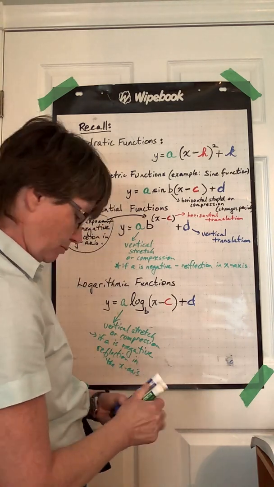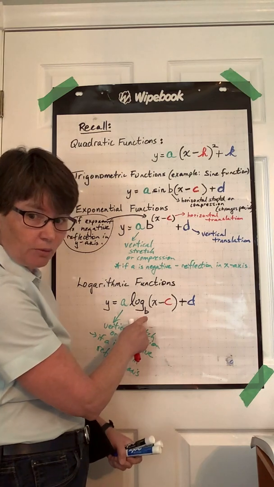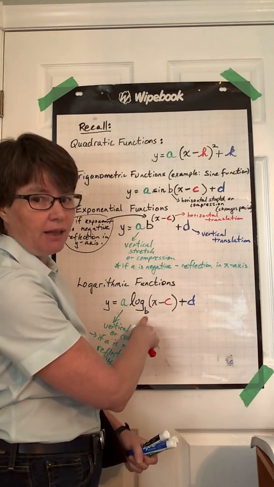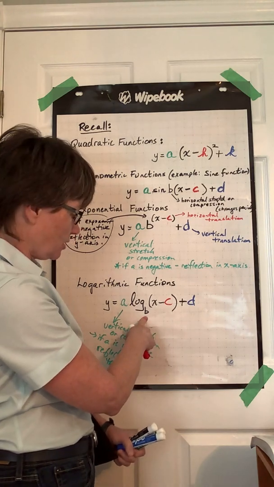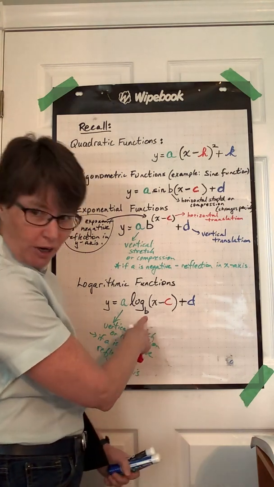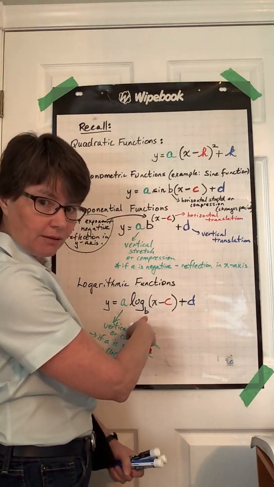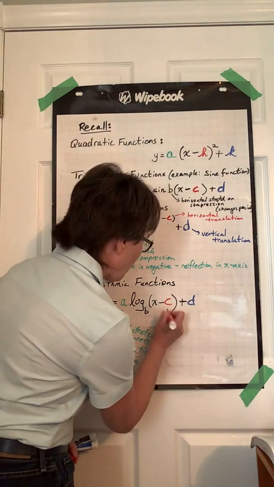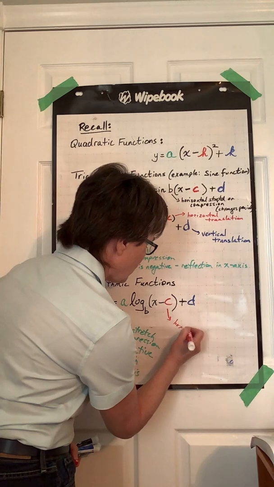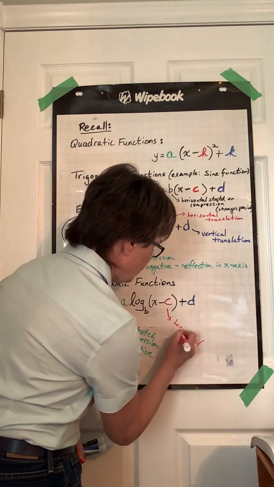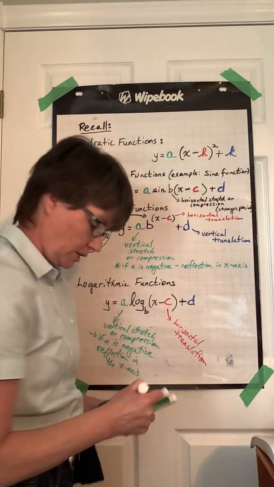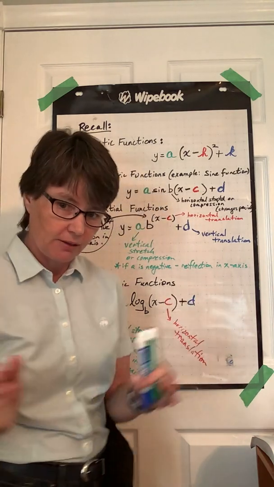All right, B is just the base. We're only going to compare logarithmic function transformations that have the same base as each other. So we'll only compare log base 10 functions with other log base 10 functions. C, horizontal translation, so moving to the right and the left.